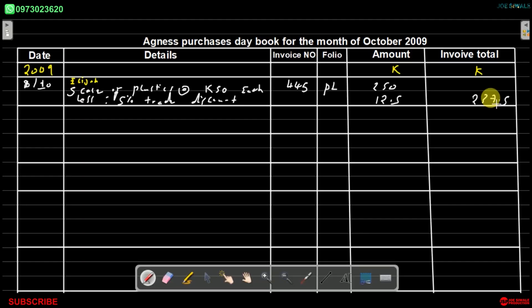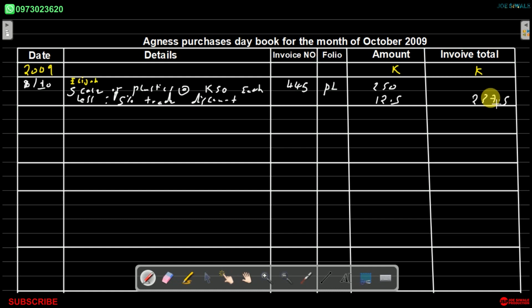So for us to find the total amount that it's going to cost for 200 kg, we can say 200 divided by 50, and our answer is 4. So we can say 4 multiplied by the 500 kwacha. That means we're going to have 2000 kwacha. So that's how we are going to find our amount there.